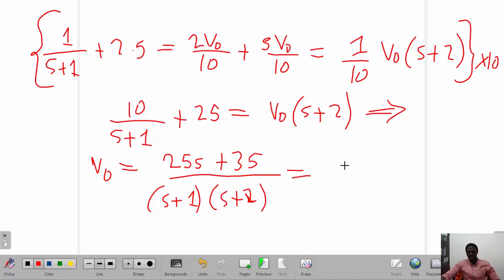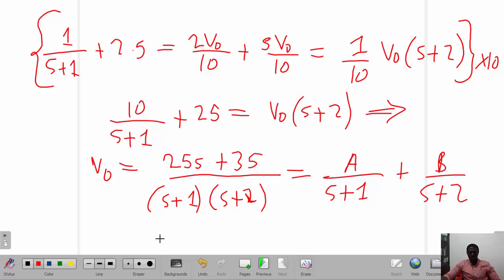And this can be equated to A over s plus 1 plus B over s plus 2, and we must be able to find A and B in this case.